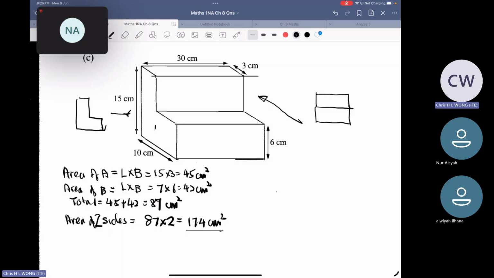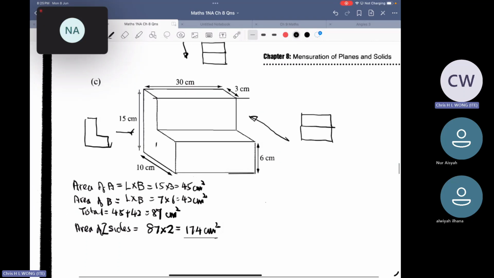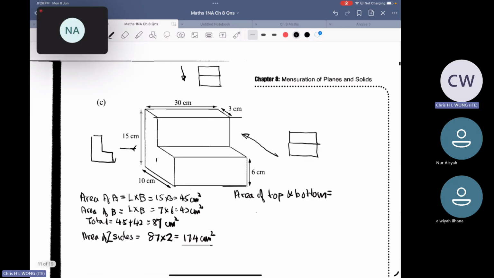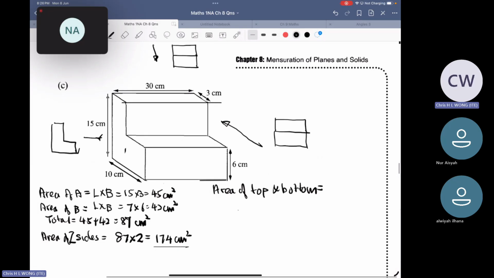So now, area of the top. Area of top and bottom equals... see what you can give me. 30 times 10 times 2.